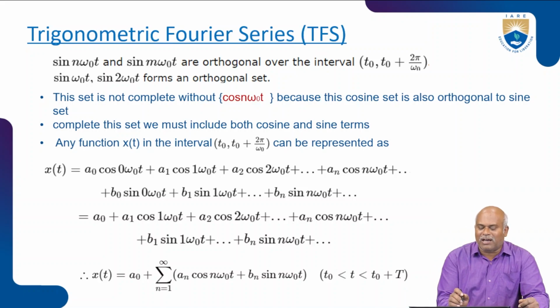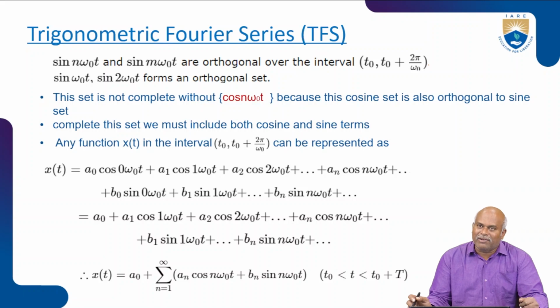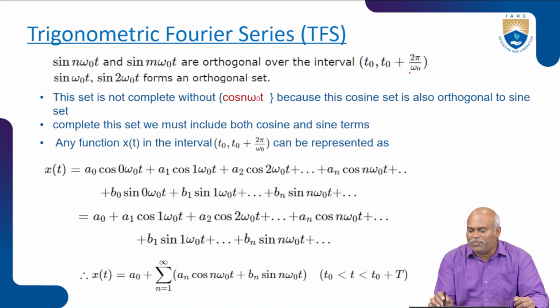Both signals are orthogonal. The interval for both signals is t0 to t0 plus 2 pi by omega. This 2 pi by omega is represented as capital T. So here I write it as t0 to t0 plus capital T.